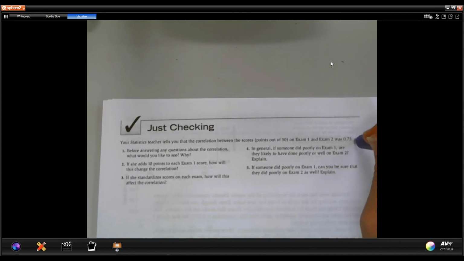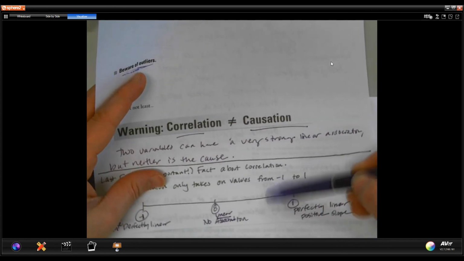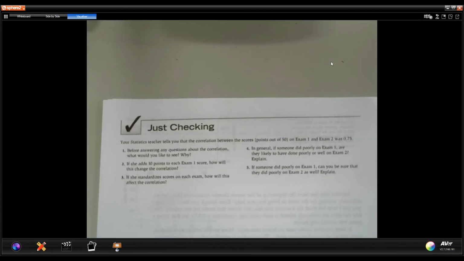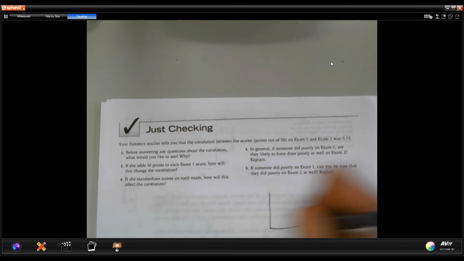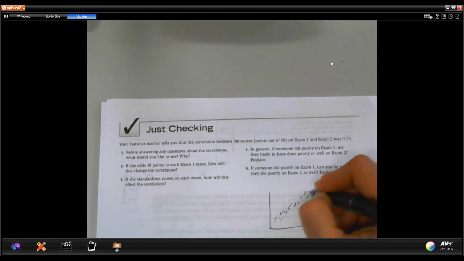Number 4, in general, if someone did poorly on exam 1, are they likely to have done poorly or well on exam 2? Explain. Our correlation is 0.75, which tells us, looking back over here, that it's somewhere over here. It is a positive slope, our correlation is going uphill, so if I sketch this, it's going to look like this. 0.75 is not the slope.